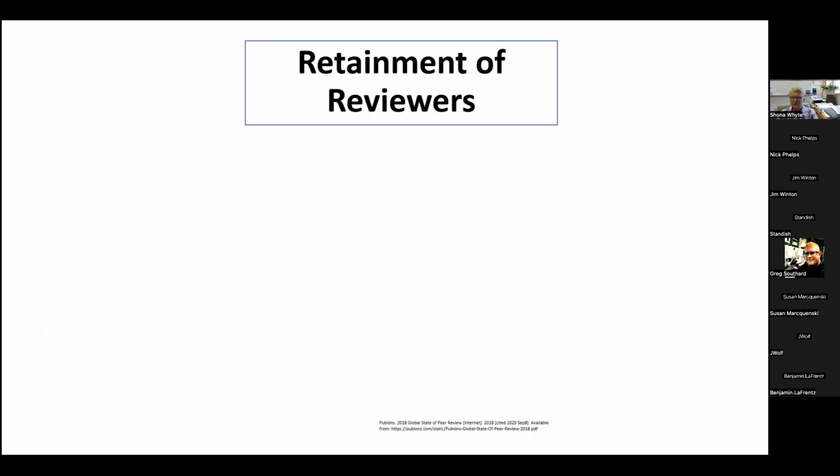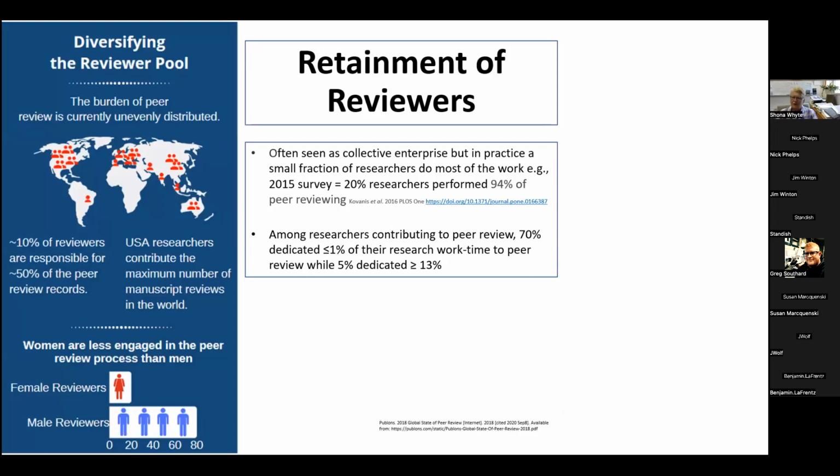So retainment of reviewers. We've already talked about we need to diversify the reviewer pool because it's highly skewed to the United States right now, and women are less engaged in the peer review process than men. 10% of the reviewers are responsible for 50% of the peer review records. This was a survey, again, on Publons.